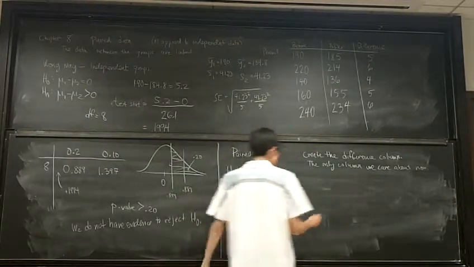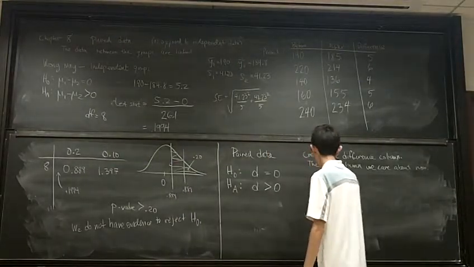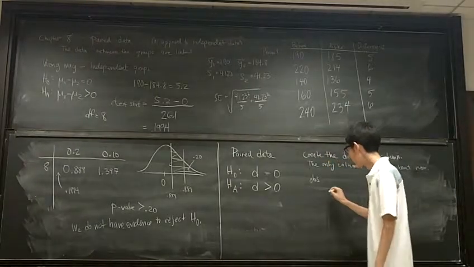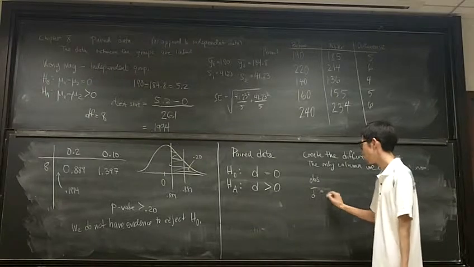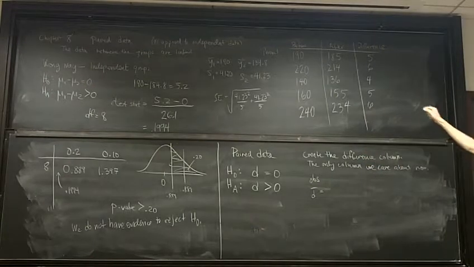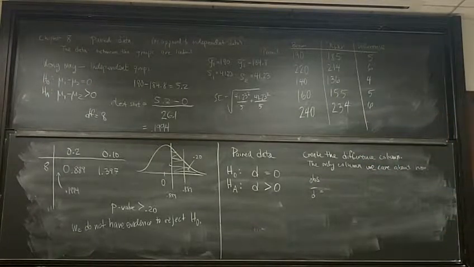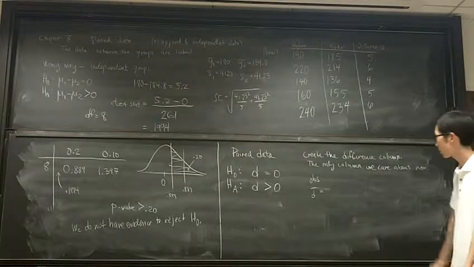Our observed difference, so what did we observe? Our observed difference would be d bar, so the mean difference here. So I just do 5 plus 6 plus 4, whatever this is. That's going to be 5.2.